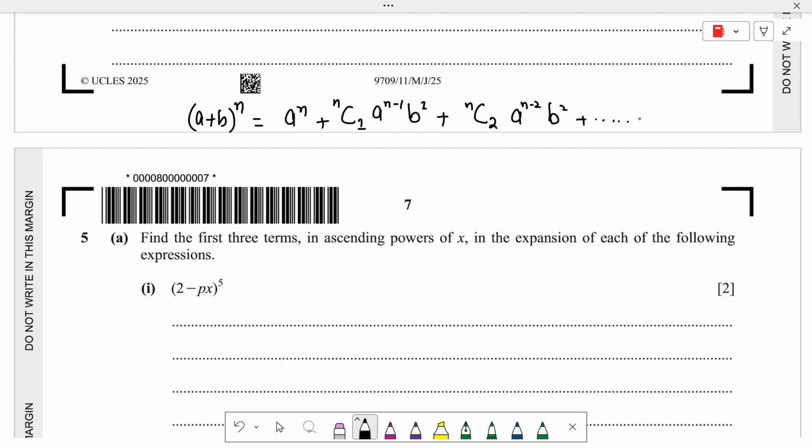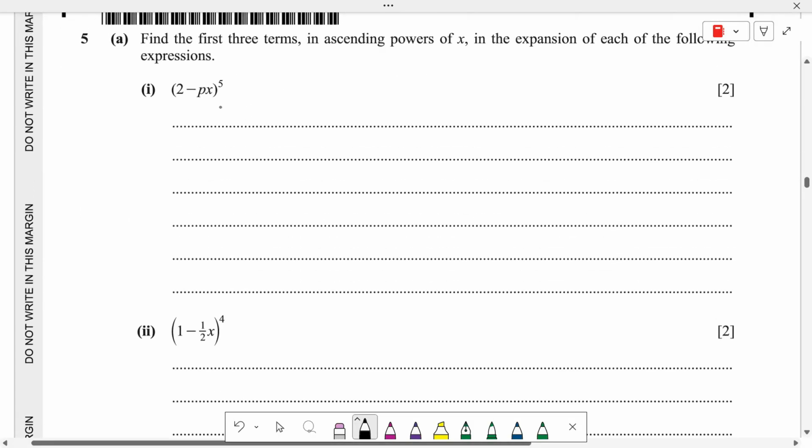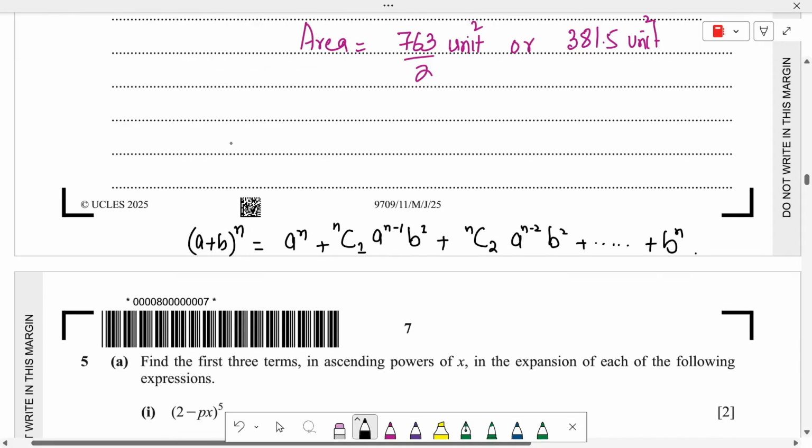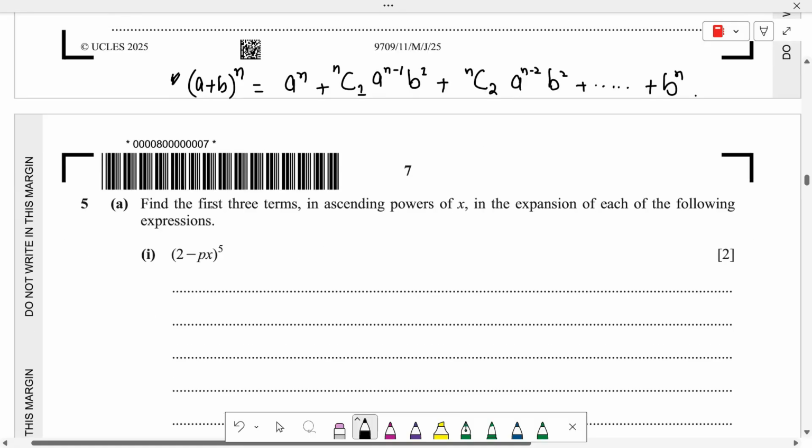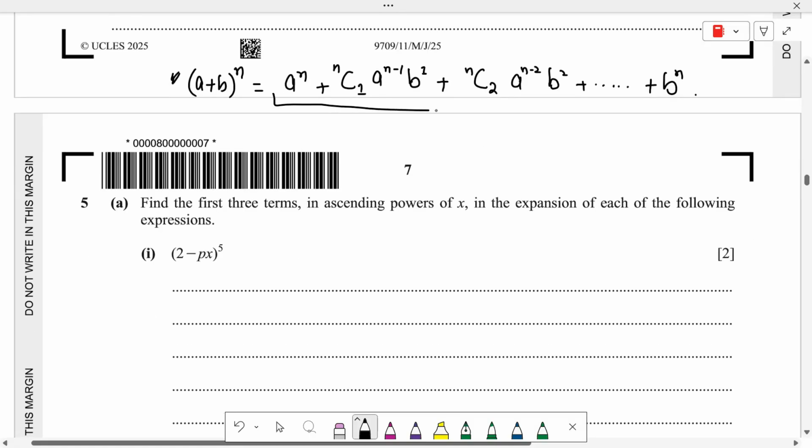Similarly, it goes on until it reaches b to the power of n. We can expand these two expressions by using this formula, and we need to find only these three terms.